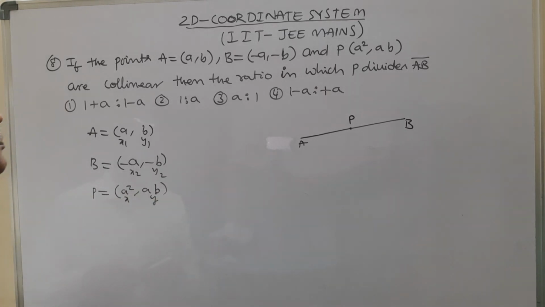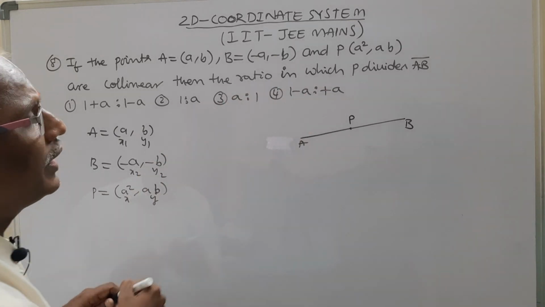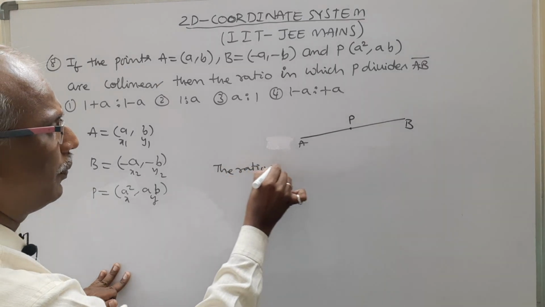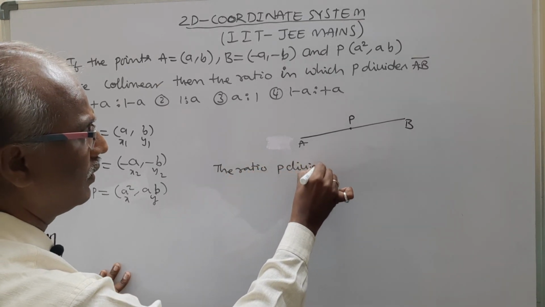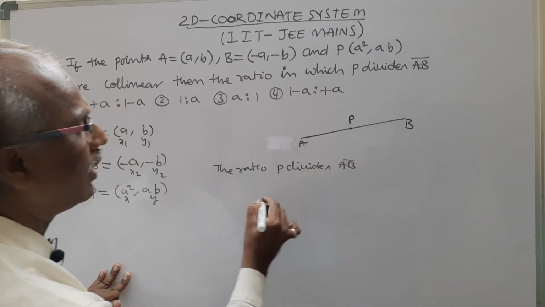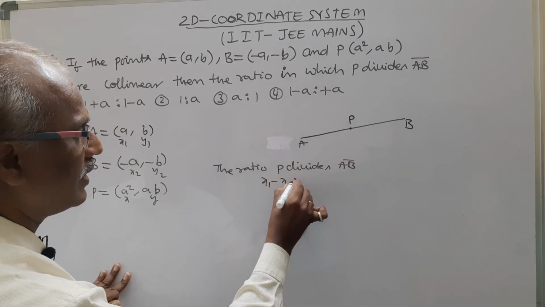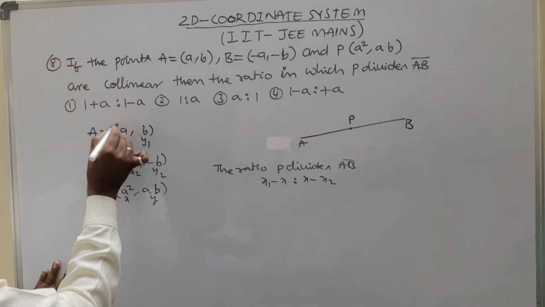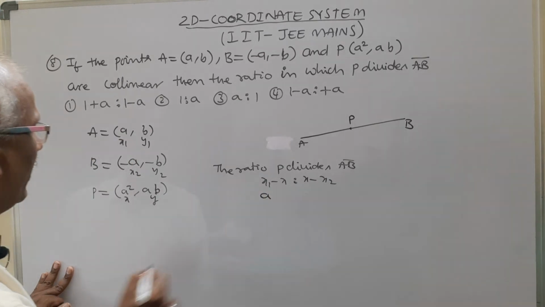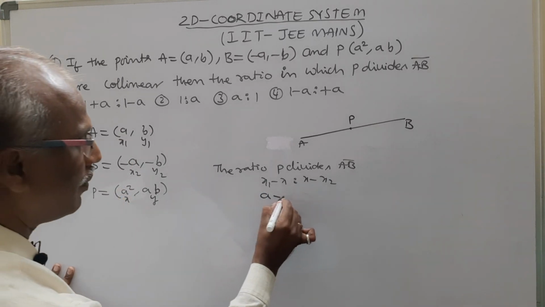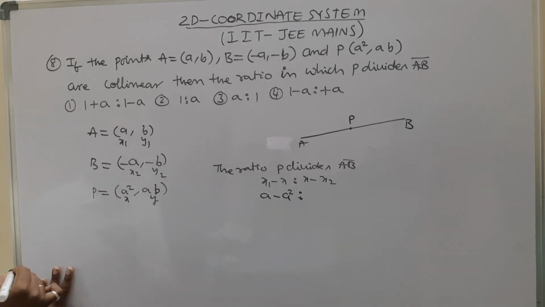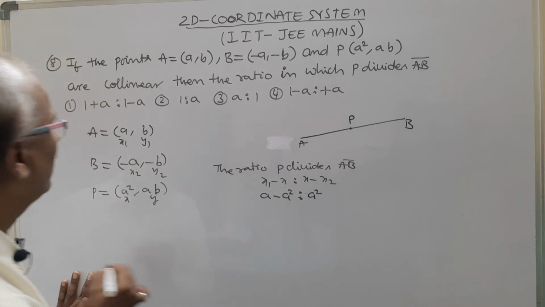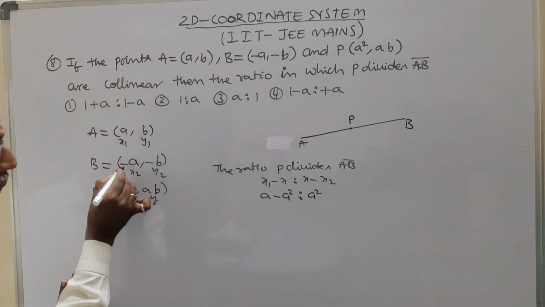Here, to find the ratio in which P divides AB, one formula is x1 minus x is to x minus x2. This is the formula. Here x1 equals a, x equals a square, so a minus a square is to x minus x2, where x equals a square and x2 equals minus a, so minus minus plus a.